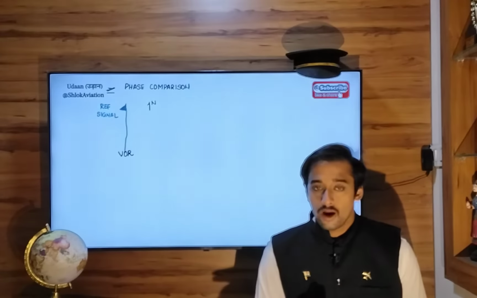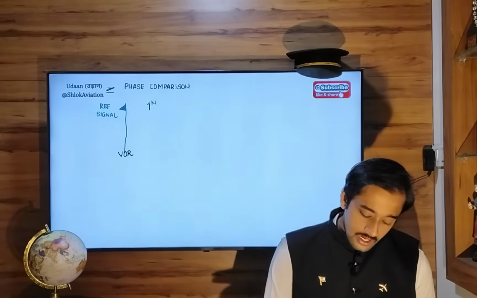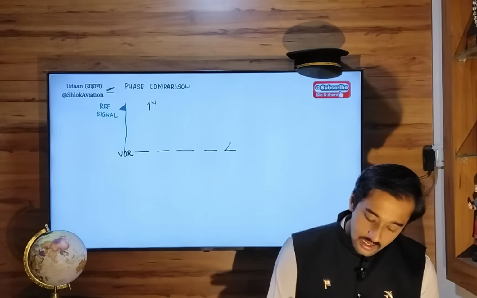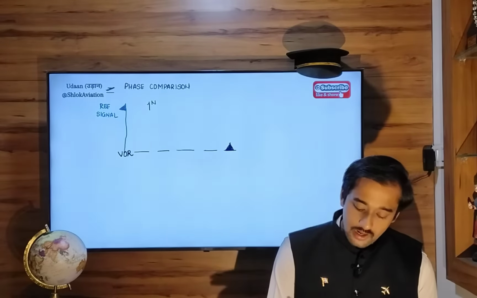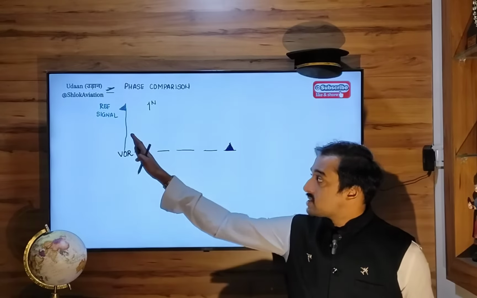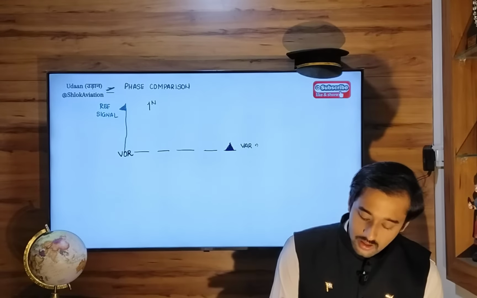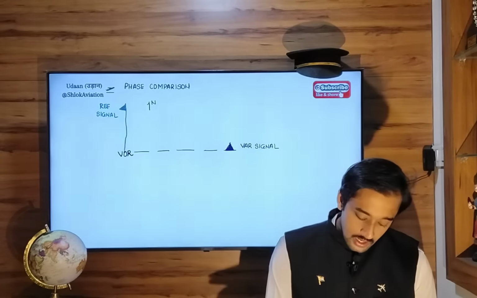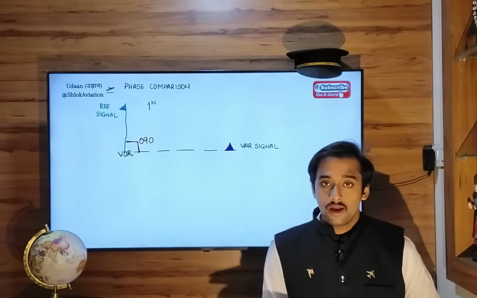360 degrees around the VOR. Now this variable signal, let's say when it is here, when it is over here, the angular difference between the reference signal and this variable signal will be what? It will be equal to 0, 9, or 0 degrees.